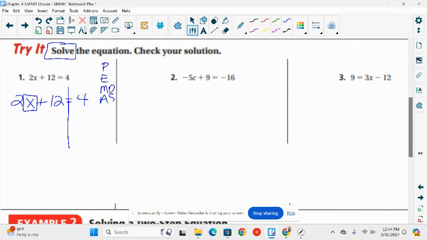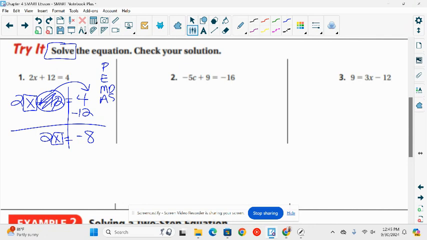So what do you think we're going to have to move first? The 12, because it's adding 12. So to move it, instead of adding 12, we're going to have to subtract 12. So 4 take away 12, negative 8. Am I done?